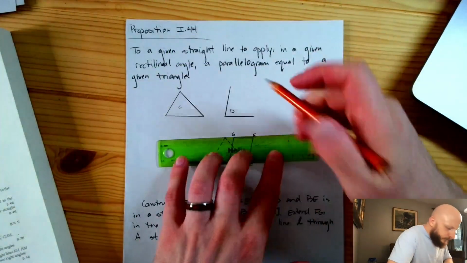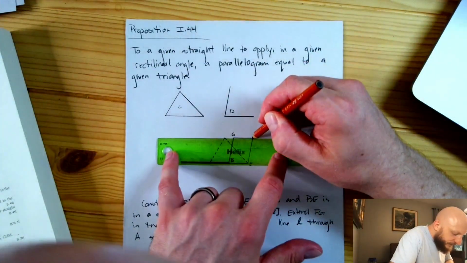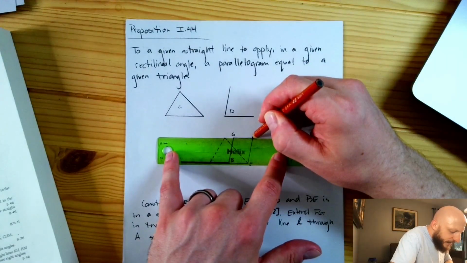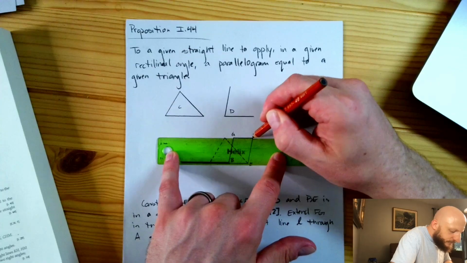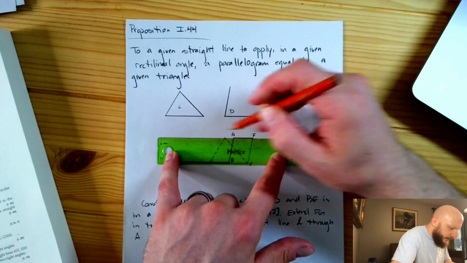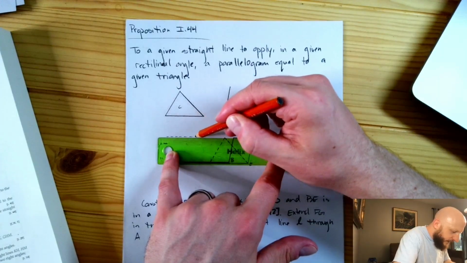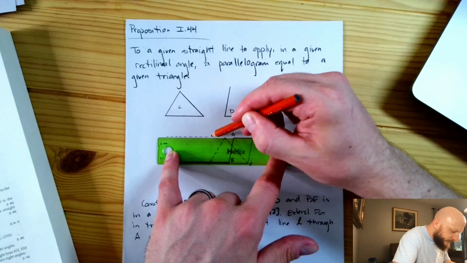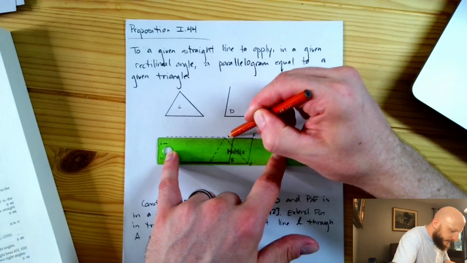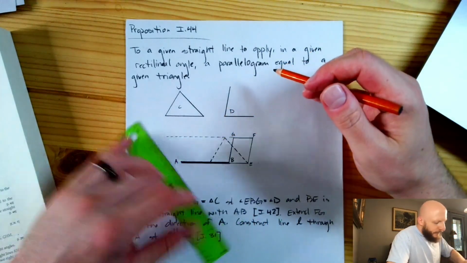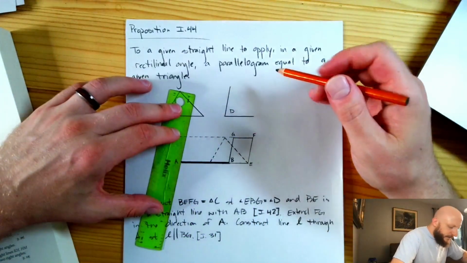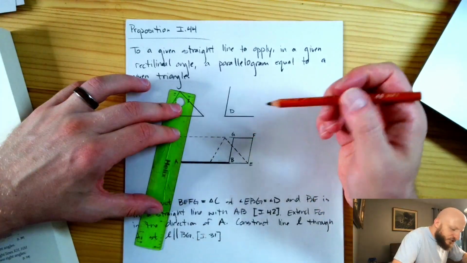Okay, so FG, I'm just going to extend that in the direction of A. And for now, just because I don't know exactly where these will intersect, I'll make this a dashed line through here. So that was just extending FG.